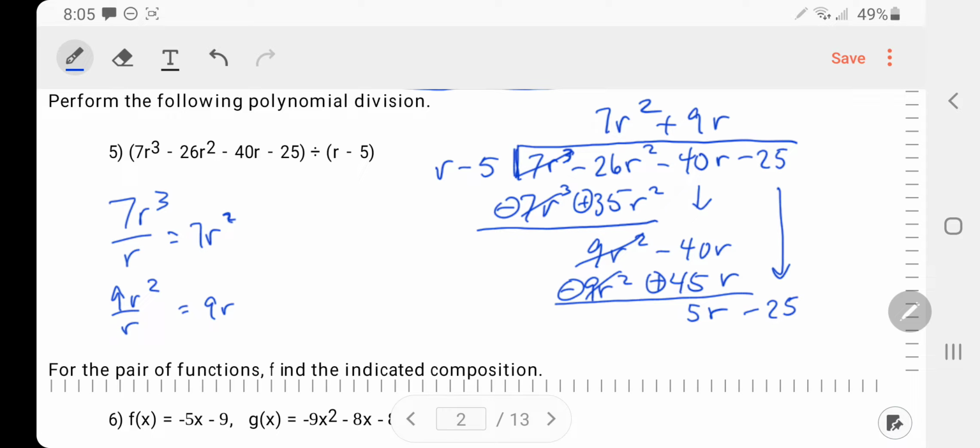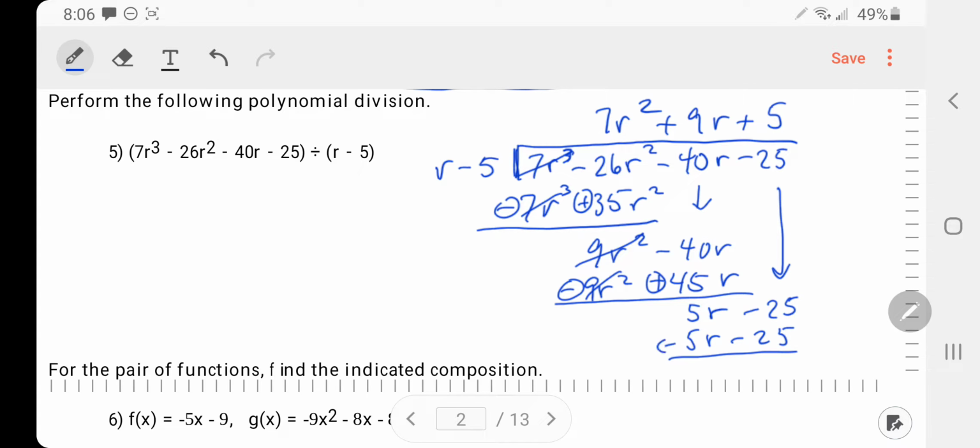So far, so good? Now, last step. We need to take the 5r and divide it by the r, okay? And I'm really scrunching this stuff up here. So let's write it like this. 5r divided by r. The r's are going to cancel. Leaves me a 5. That is the last term of the quotient, okay? And now we need to distribute. So that's going to be 5 times r is 5r. 5 times 5 is 25.